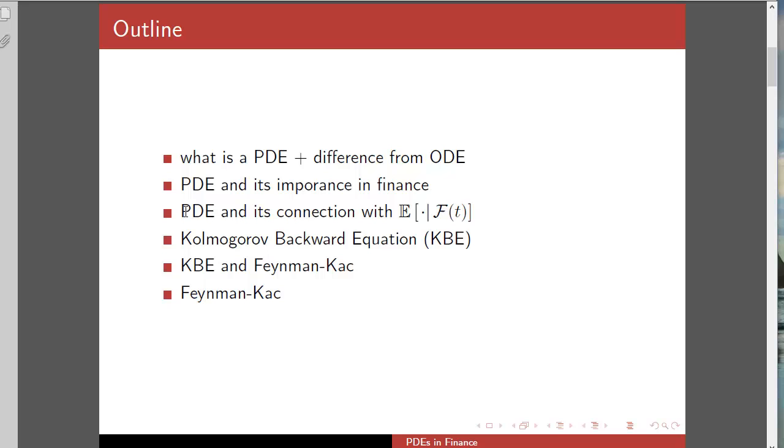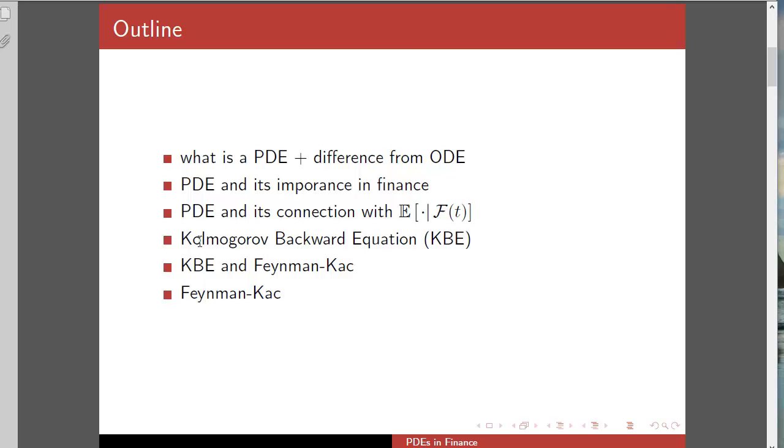Then I'll try to explain a connection which is quite critical for the understanding. And the connection is between PDEs and conditional expectations. Then I will discuss Kolmogorov backward equation, which is very, very important PDE.